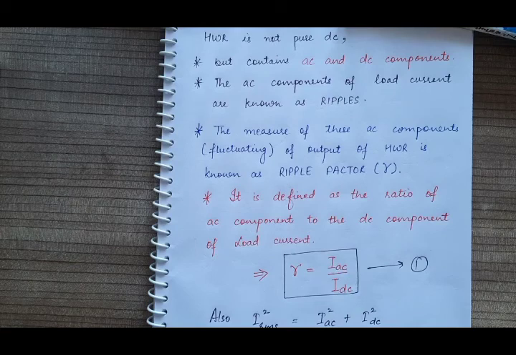One thing is efficiency. Its efficiency is very small. Out of 100% of the consumed power, it only converts 40.6% of its AC power into DC. So its efficiency is small. And the second thing is the ripple factor. We will calculate what the amount of AC component present in the output of the half-wave rectifier is.